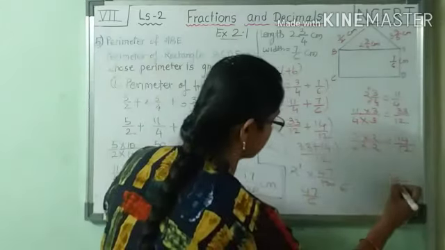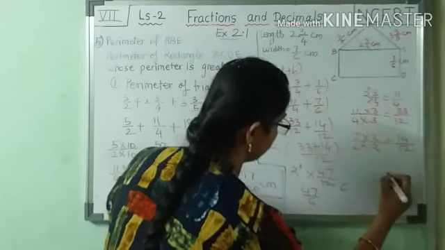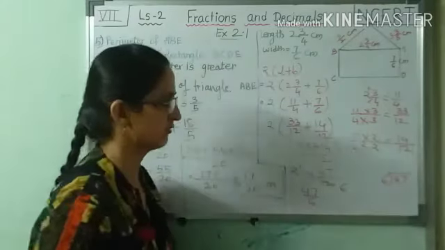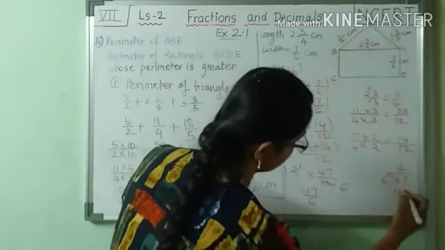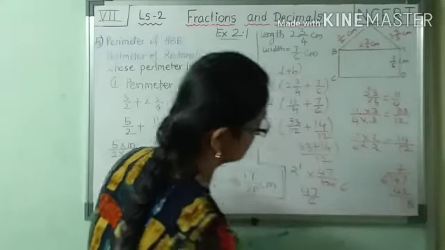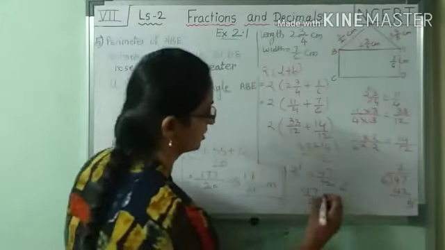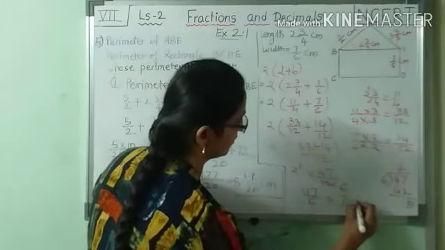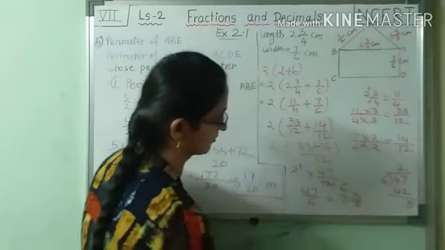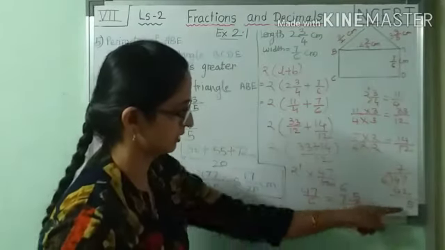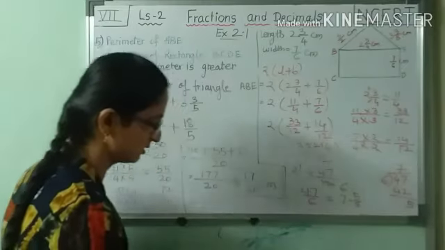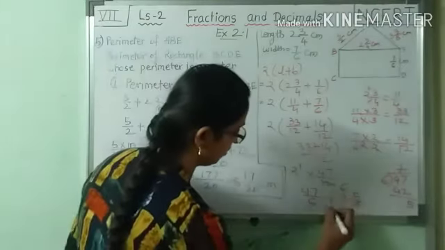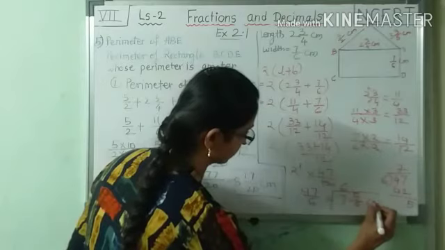Now make it simple by dividing 47 by 6. 6 7s are 42. 47 minus 42 is 5. So 7 and 5 upon 6. This 7, then the remainder, and this denominator. So this is the perimeter of the rectangle.